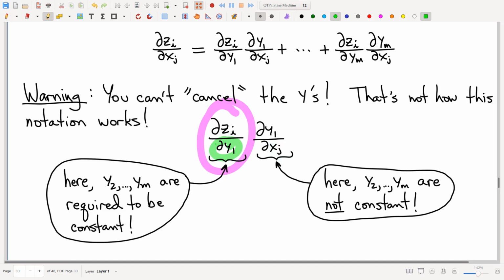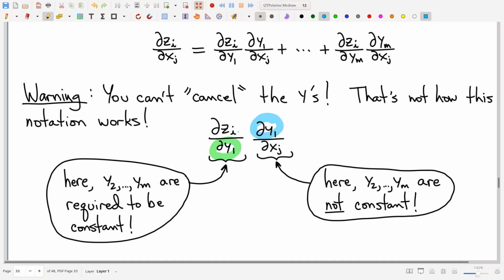There is no partial y1. That's not a thing. So let me try to persuade you, in particular, whatever the interpretation you're going to make of this in the context of this setting, what is it in this context? I'm going to try to persuade you that it is in fact a very different critter from this thing right here. That's a completely different thing.